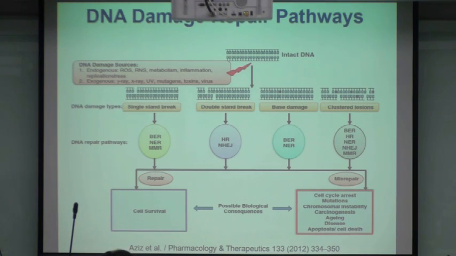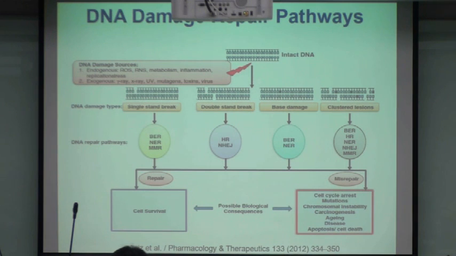The key of DNA repair is that you have a sensor that senses different types of DNA damage. Some can be single-strand breaks, some can be double-strand breaks, some can be base damage like apurinic sites from depurination, and some could be a very bad mutation or cluster lesion. From that, you will have a protein to stop the cell cycle. You have cell cycle arrest to give enough time for proteins to repair by those mechanisms.